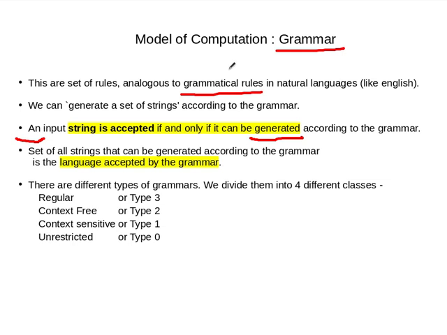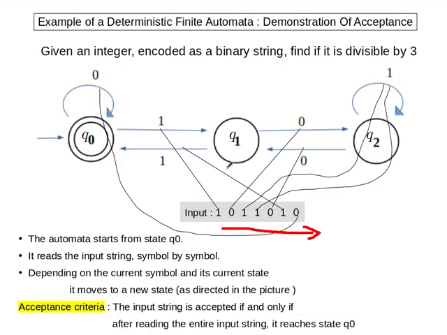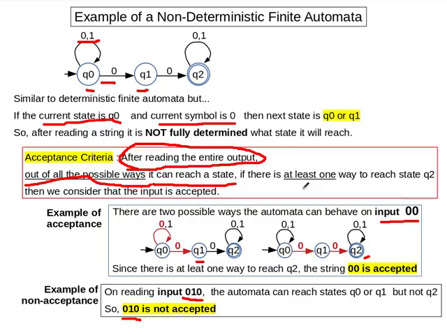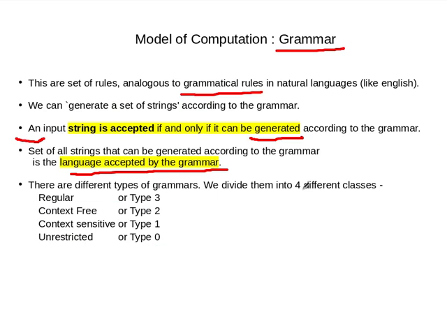And as we defined for the automata, the language accepted by this grammar is the set of all strings that it generates. So in general, for any model, if you remember from a few slides back, the language accepted by model M is the set of all strings accepted by M. For a grammar, acceptance means you can generate that string. So here the language is all the strings that are accepted or generated by the grammar.